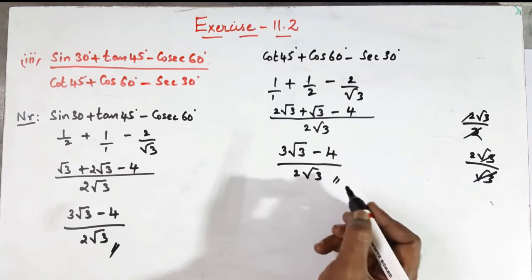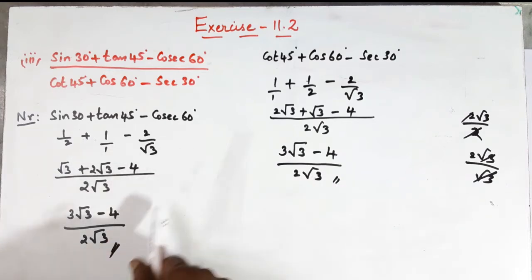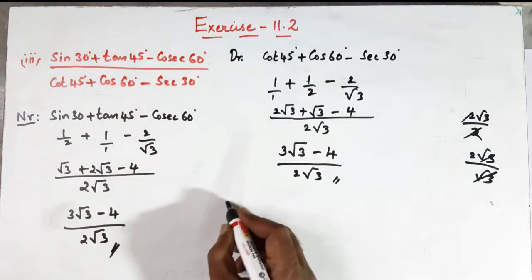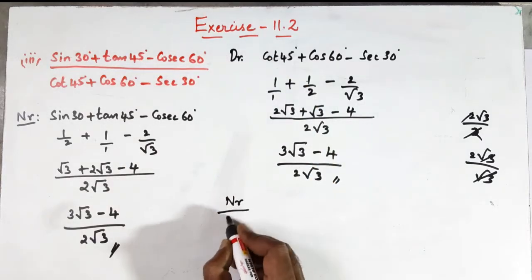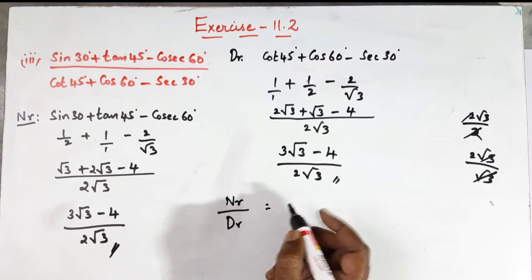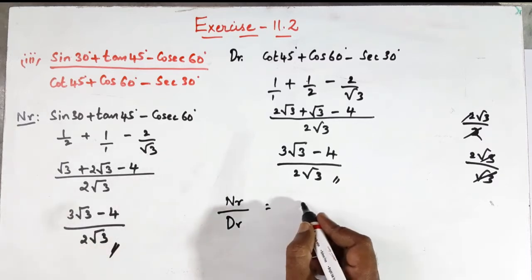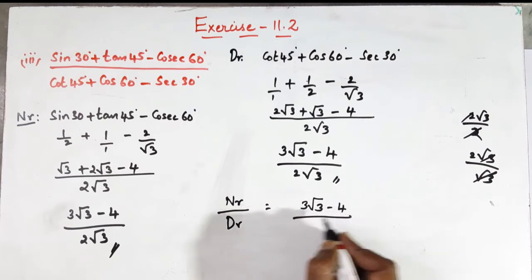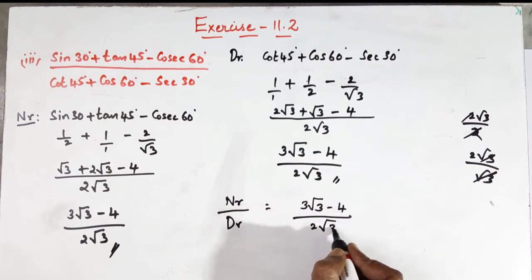So here we got the numerator as well as the denominator values. Now substitute the numerator by denominator values. The numerator value is 3 root 3 minus 4 by 2 root 3.